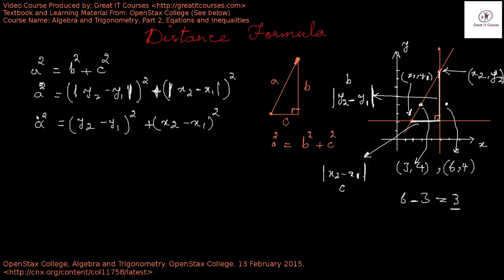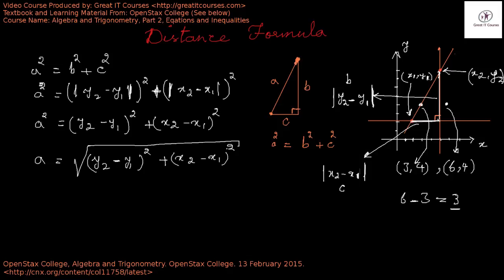Now I'm looking for the length a over here, so I simply write this as a is equal to the square root of y2 minus y1 whole squared plus x2 minus x1 whole squared. And basically this is the distance between these 2 points, and this is called the distance formula.